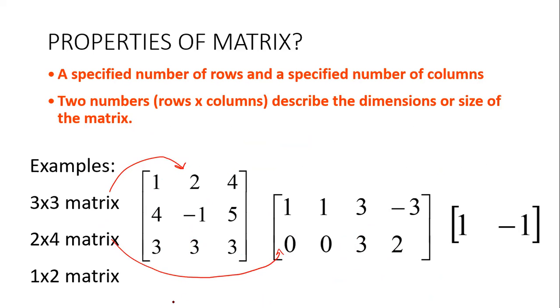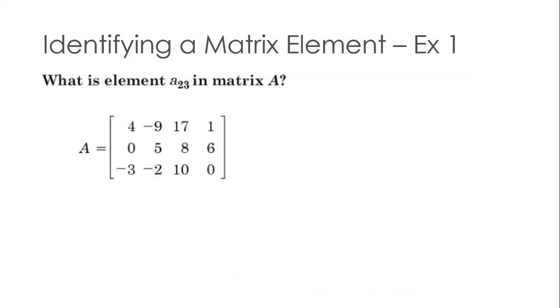It has 2 rows and 4 columns. And the very last one over here is a 1 by 2 matrix because it has 1 row and 2 columns. Okay, so that's how you identify or classify a matrix.